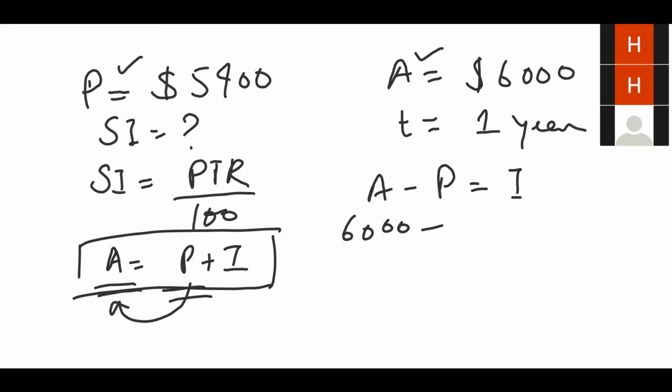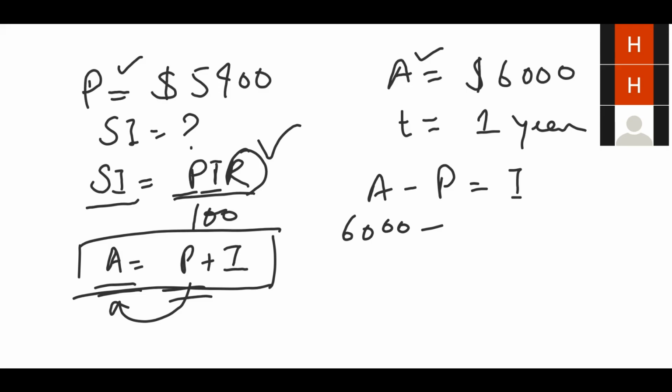Why don't we use the simple interest formula first and then use the amount? Do you know what the rate is? No. So we cannot find the rate, and we don't need the rate in this question.